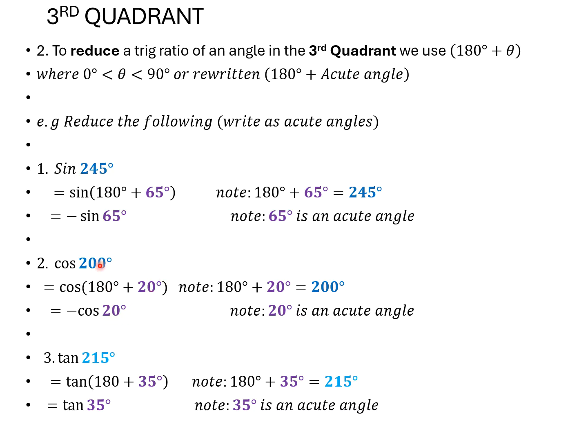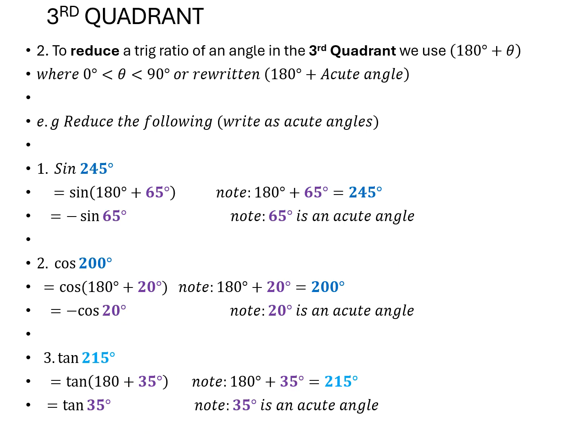So I've reduced it from 200 to an acute angle. Then tan 215 degrees falls in the third quadrant, so 180 plus 35 would give me 215 degrees. If we reduce in the third quadrant, tan is positive, so that becomes tan 35 degrees.